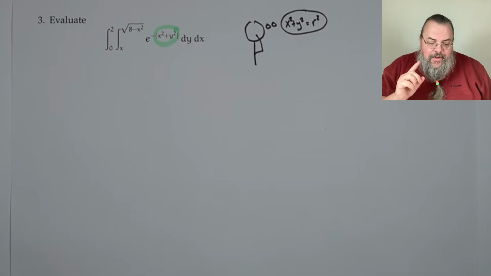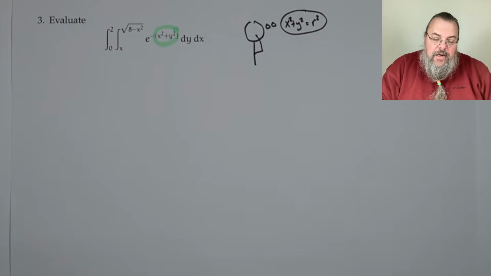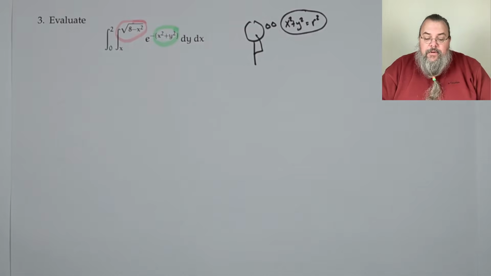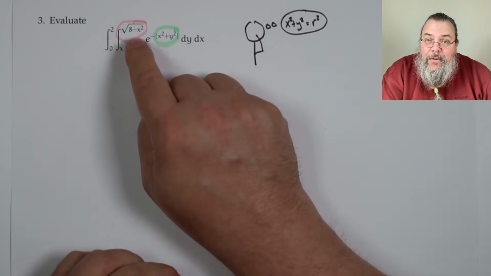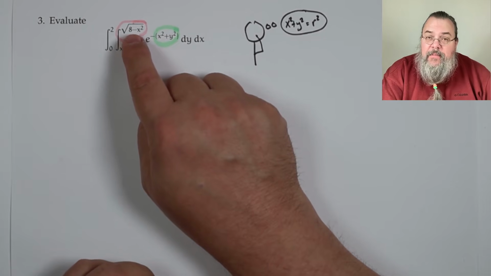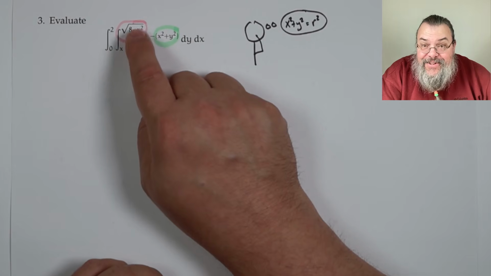There's another clue. It's a little bit more subtle and not quite so obvious. But if you think about this piece, the bound, that one, what is that? What is that bound? We're going to see it in a second. But when you see something like square root of something minus x squared or square root of something minus y squared, that's a circle.